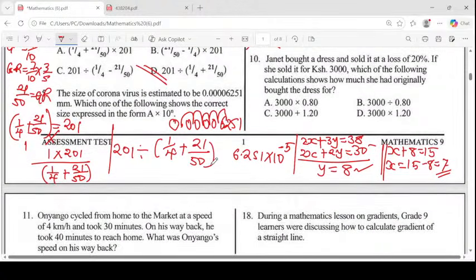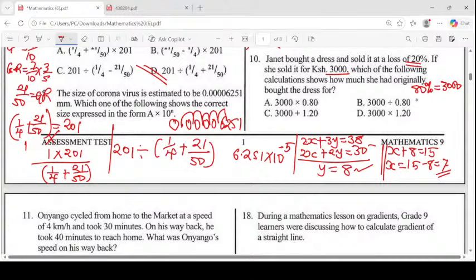Question 10. Janet bought a dress and sold it at a loss of 20%. If she sold it for 3,000, which of the following calculations shows how much she had originally bought the dress? So by selling it at 3,000, you make a loss of 20%, meaning that 80% is equivalent to 3,000.